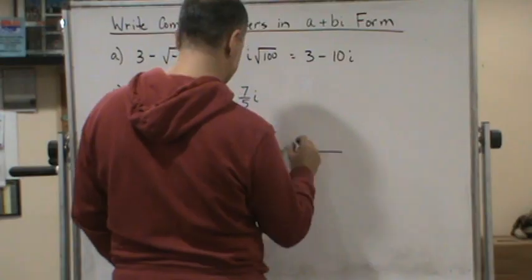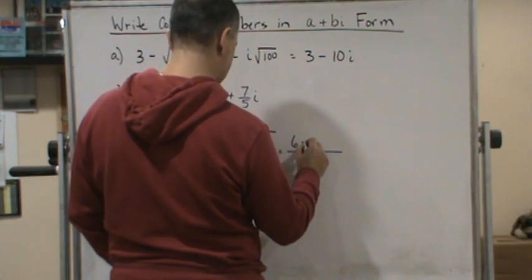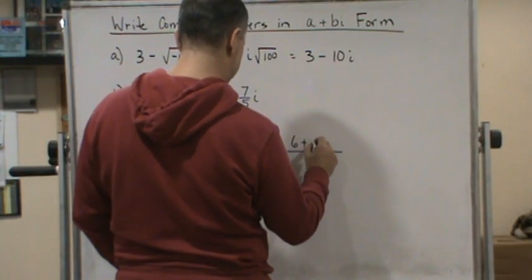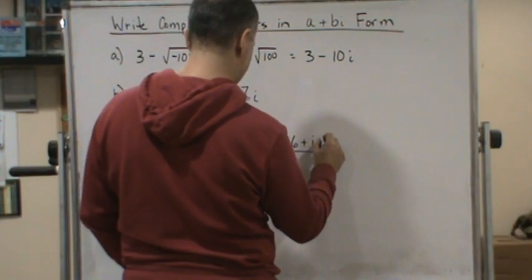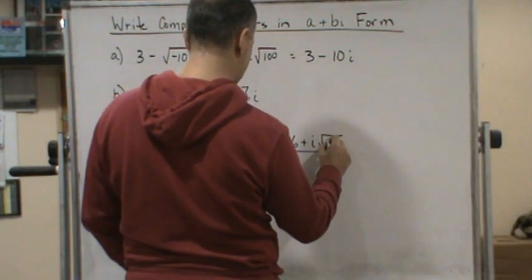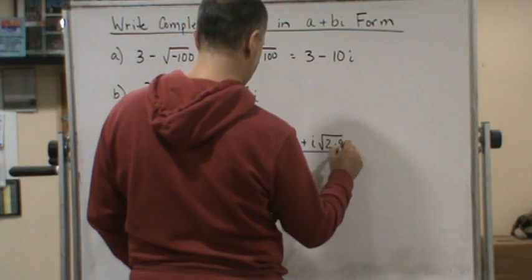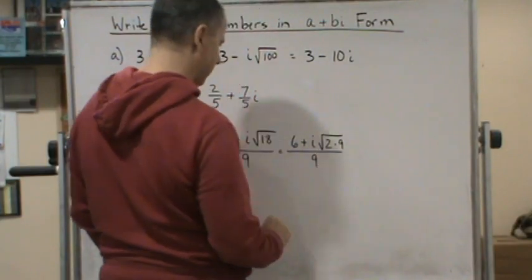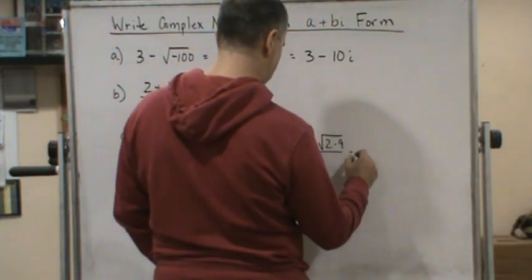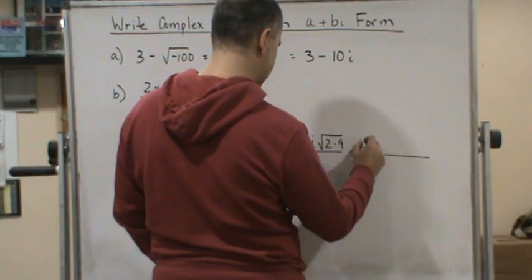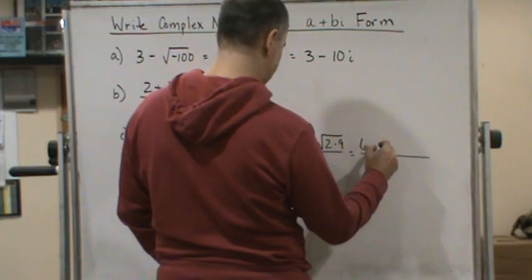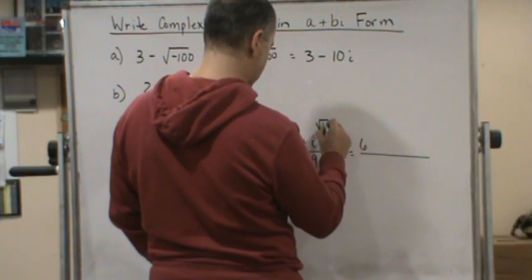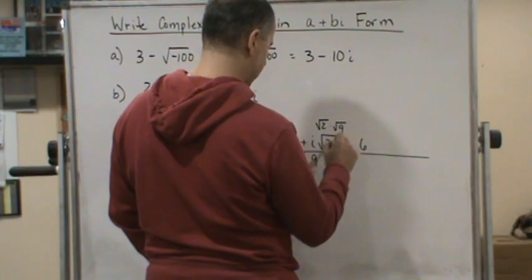So that would be 6 plus i, and so this would be root 2 times root 9 over 9. And so when we simplify this, we'll get 6, this will become square root of 2 times the square root of 9.